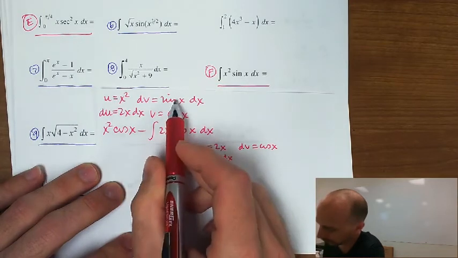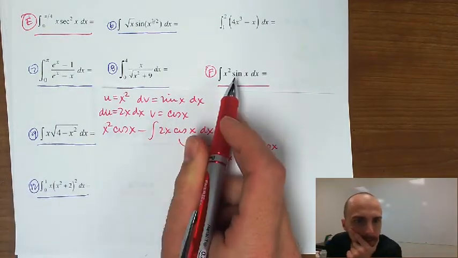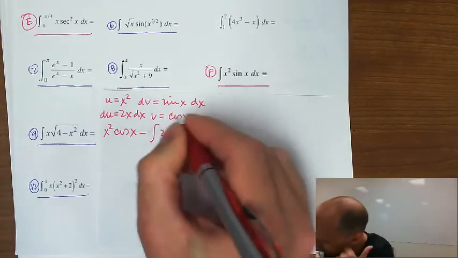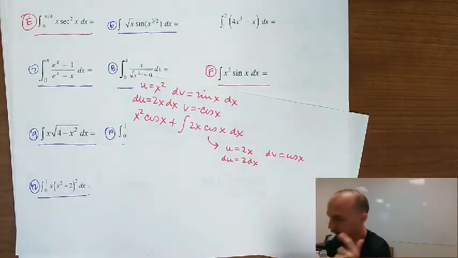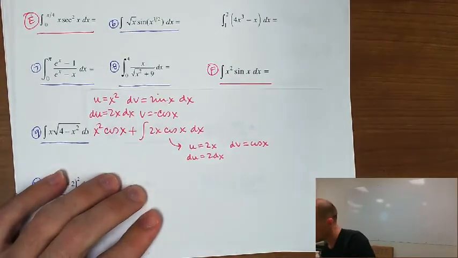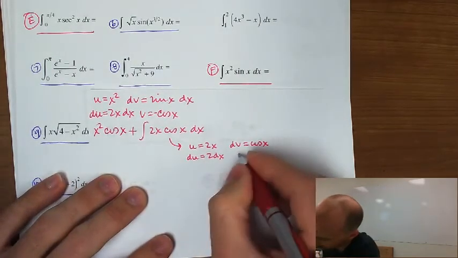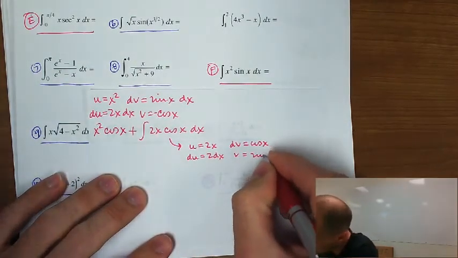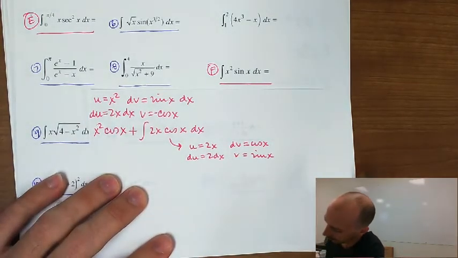Wait a second. That's wrong. So I did have sine. V is negative cosine x, so this will become positive. Okay, that was a good catch. Really glad I didn't miss that. All right. So if dv is cosine x, that means that v is regular sine of x. It's positive, and it was positive up there.